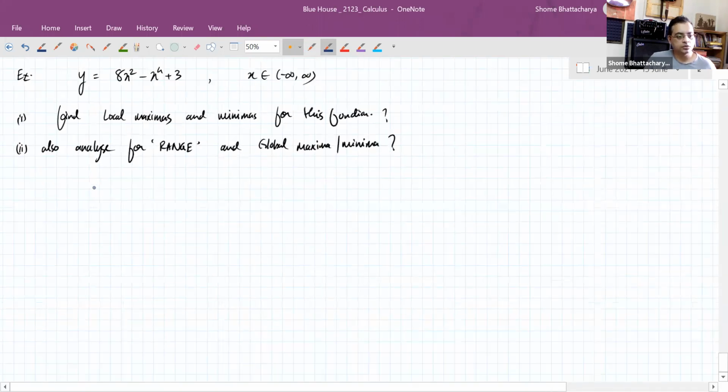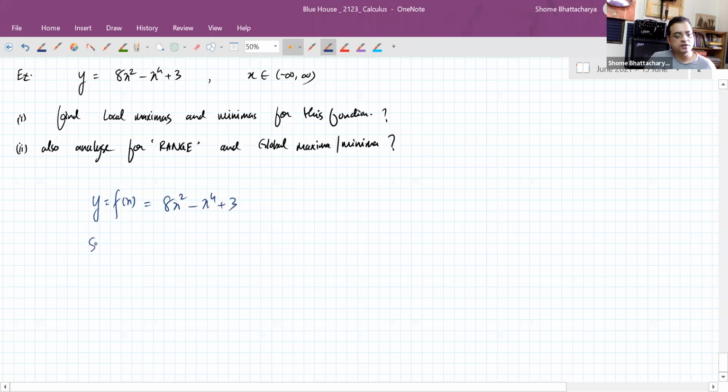Okay. So first step, given the function 8x square minus x to the power 4 plus 3, step 1, find derivative, okay, and second derivative.